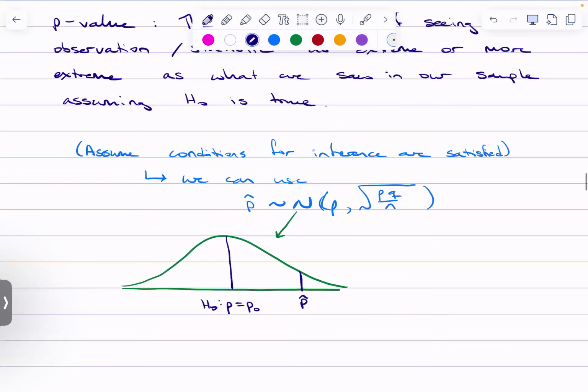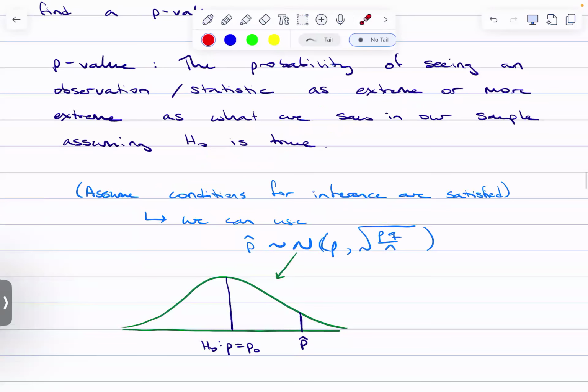Because this is now a scale of proportions centered on p naught, and I found my sample proportion is above p naught, we need to know if it's significantly above p naught. At some point we're going to say, this p hat is really far away from this p naught. It's very unlikely that it came from a distribution centered on p naught.